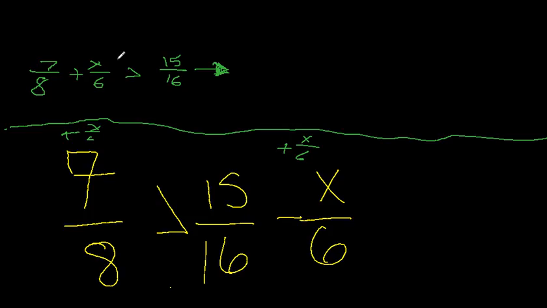Let's take this whole fraction right here, 7/8, and move it to that side of the board. Yeah, subtract 7/8 from both sides. That's okay, I'll fix that. So subtract 7/8 from both sides.